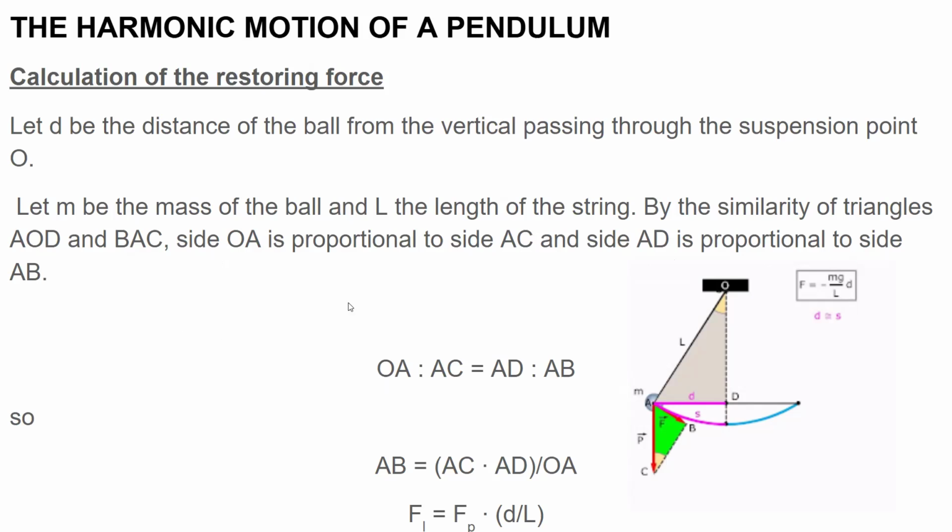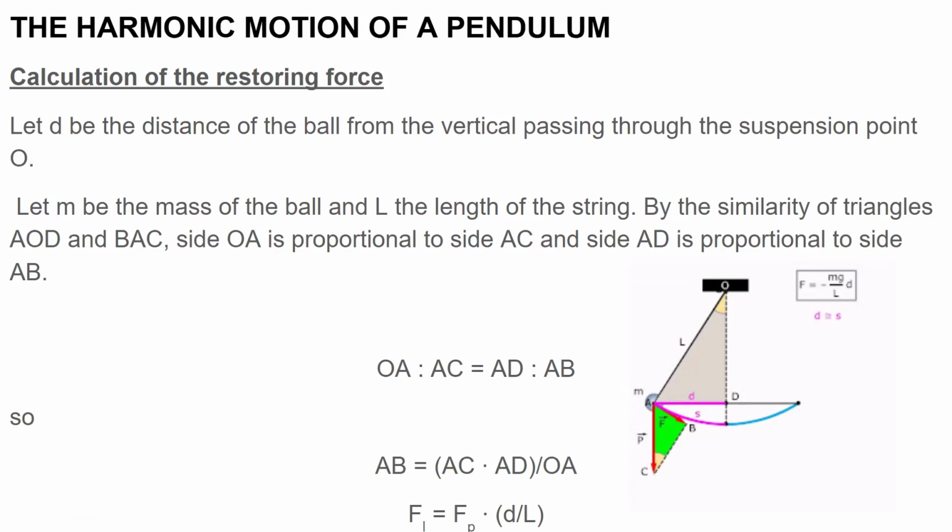In fact, the two triangles are rectangular and have the same angles, respectively. OA is to AC as AD is to AB. So the side AB is equal to the product of AC times AD divided by OA.